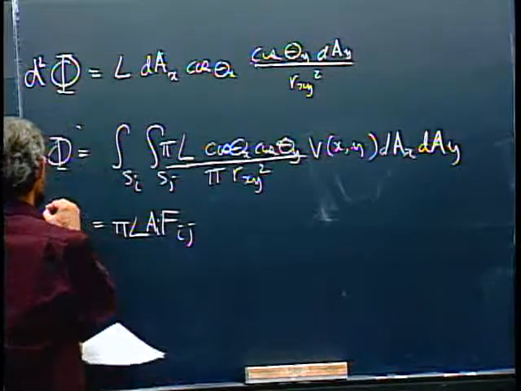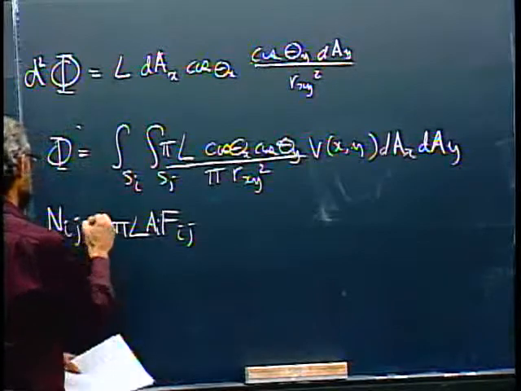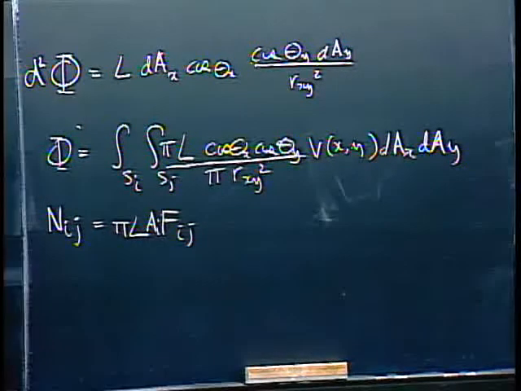Okay, so suppose that is N_IJ, the number of lines. The expected number is going to be this, and a particular estimate of it is what we actually count.